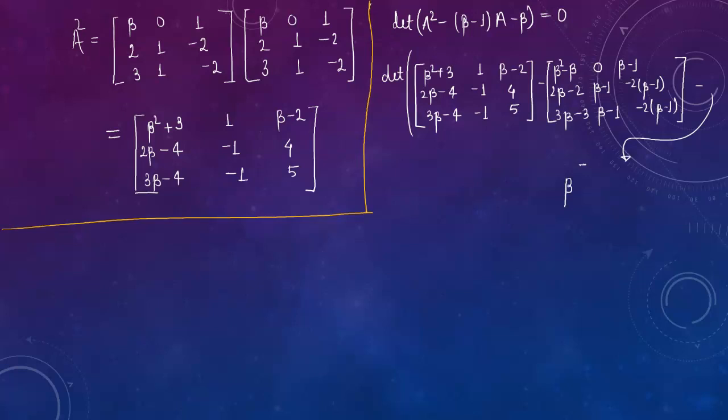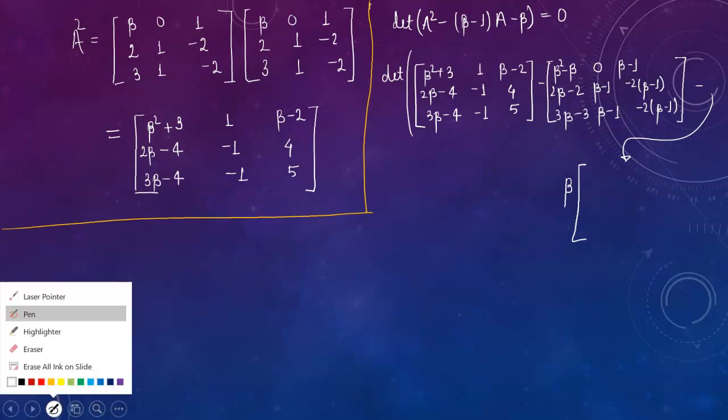Beta. Since we know a matrix can be only operated through a matrix, so addition, multiplication, sorry, if we want to add two matrices, they must have the same rows and columns, so there must be multiplication with the identity matrix.